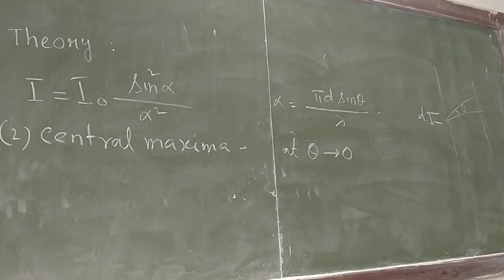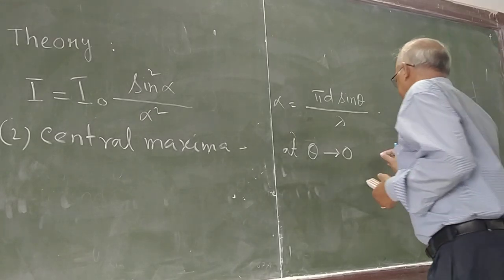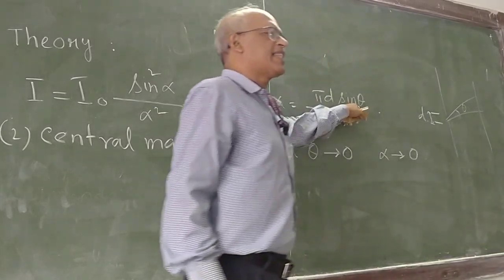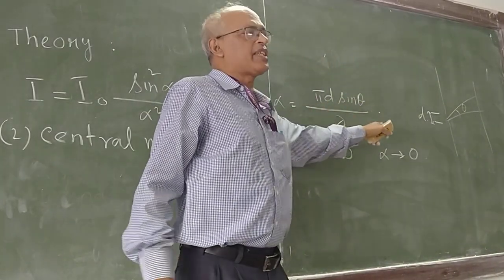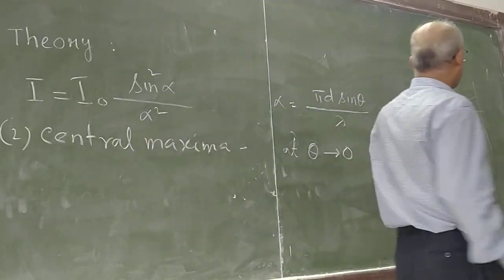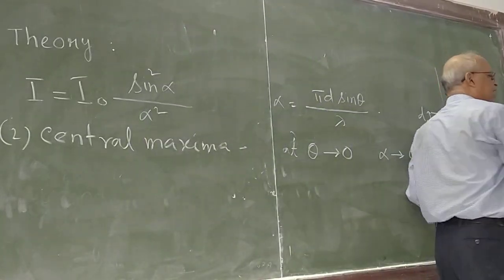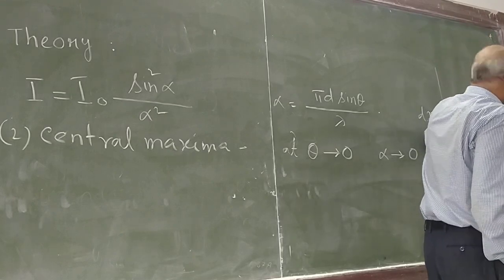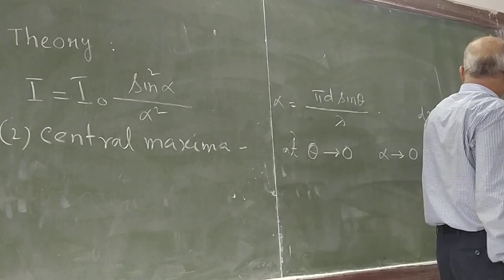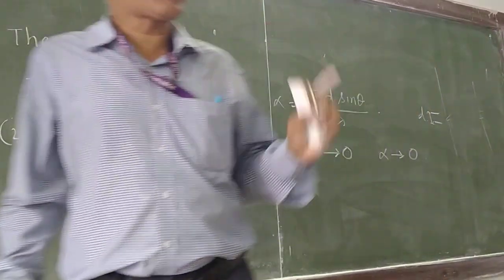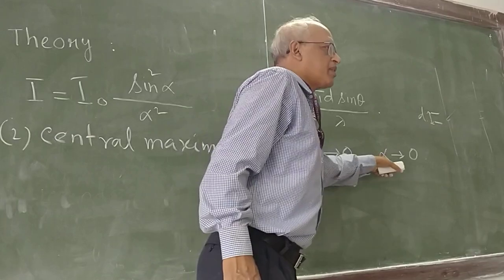If theta tends to 0, sin theta tends to 0, so alpha also tends to 0. Where you get the central maxima, you get the undiffracted beam, theta is equal to 0. Otherwise, you cannot divide by theta.